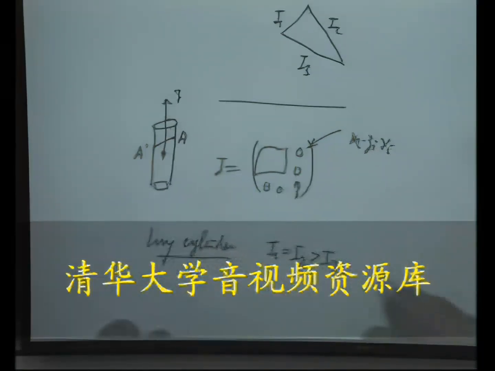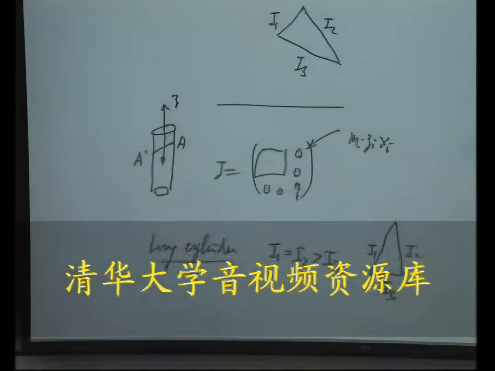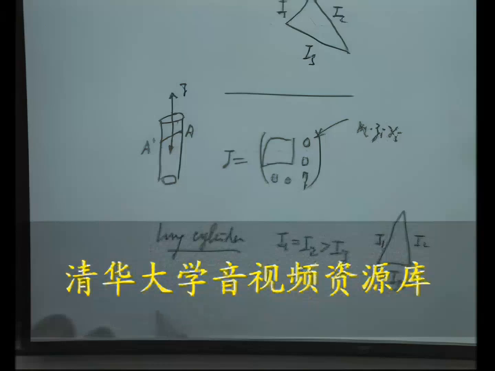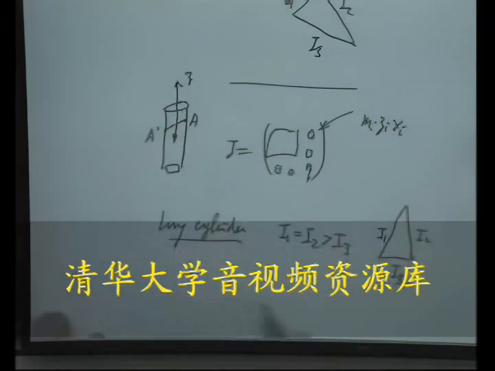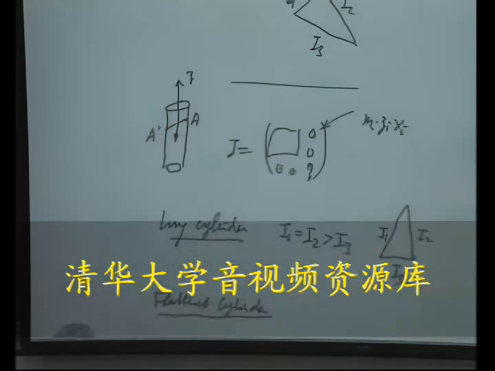So if I draw the triangle, I get I1 is equal to I2 is larger than I3. Now if I compress it to a very small disk, let us flatten the cylinder. That means compressed into a thin disk. So now it's a disk.